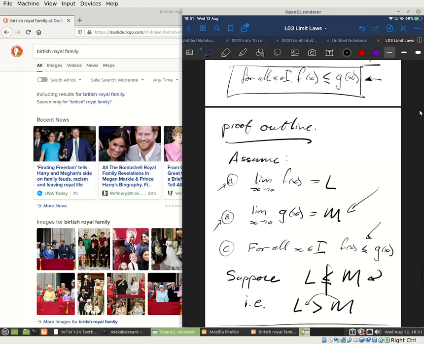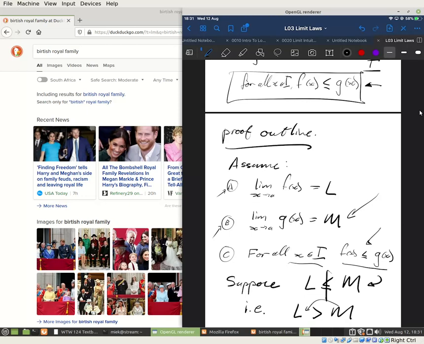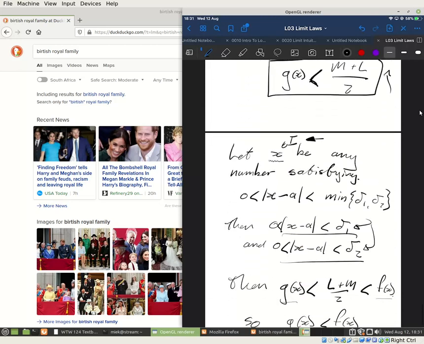Assumption C says for all x in I, f of x is less than g of x. So what has happened here?